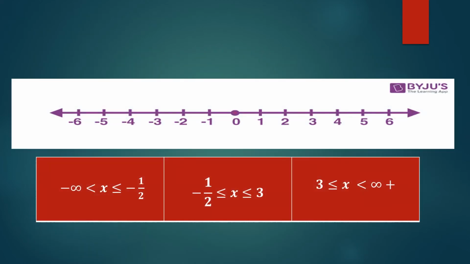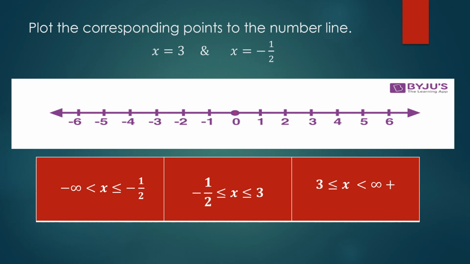Tapos, pagkatapos niyan, gagawa tayo ng number line at saka interval. Okay, so hahanapin lang natin yung 3. Andito yung 3. Tapos yung negative 1 half, dito sa gitna ng 0 and negative 1. Okay. So, paano nga yan ngayon?